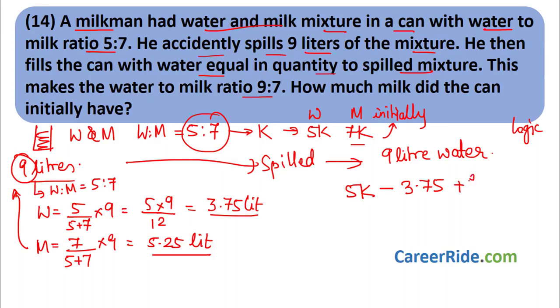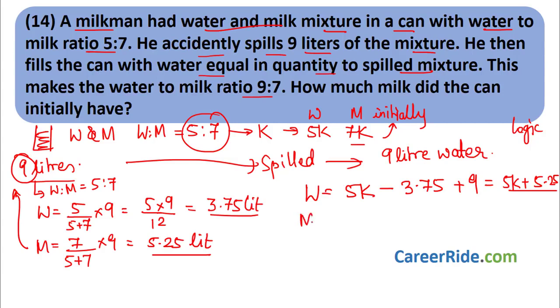Then he adds 9 liters of water. So we get 5K plus 9 minus 3.75, which is 5K plus 5.25. This is the amount of water.